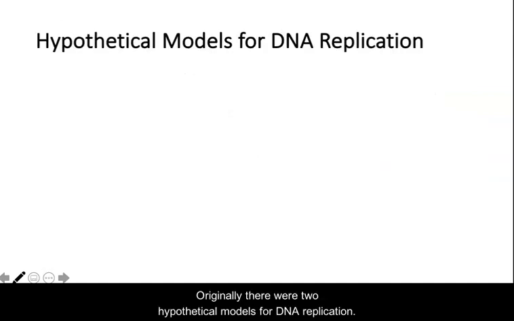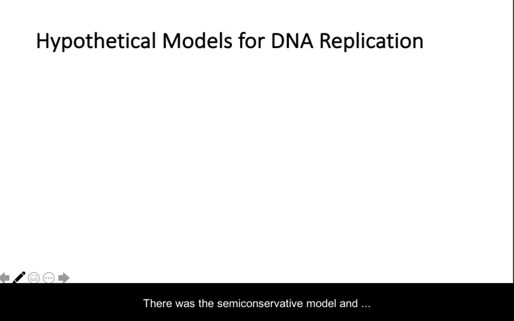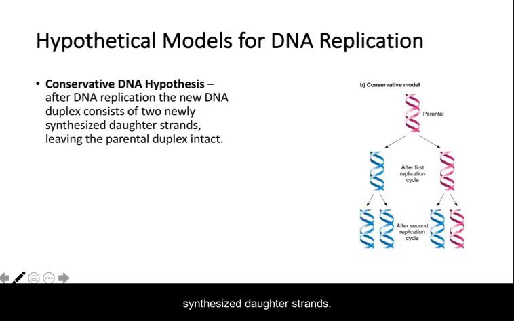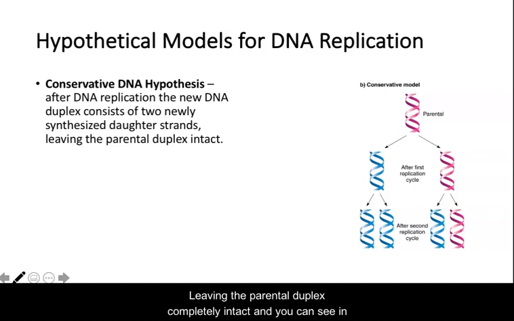So originally there were two hypothetical models for DNA replication. In 1958, it wasn't really known how DNA replication occurred, and there were two common hypotheses for how it occurred. There was the semi-conservative model and the conservative model. The conservative model suggested that after DNA replication, the new DNA duplex consisted of two newly synthesized daughter strands, leaving the parental duplex completely intact.